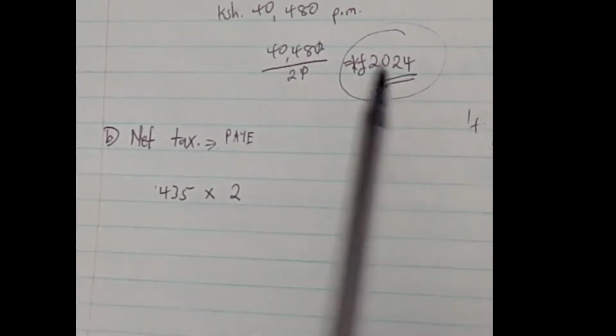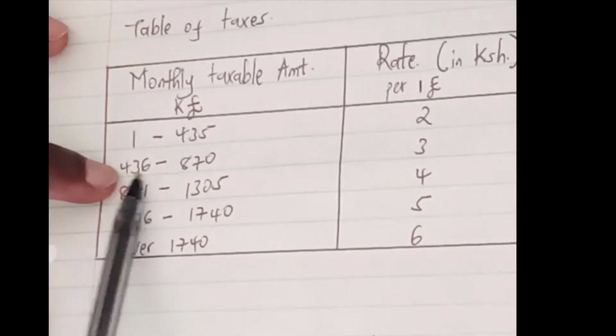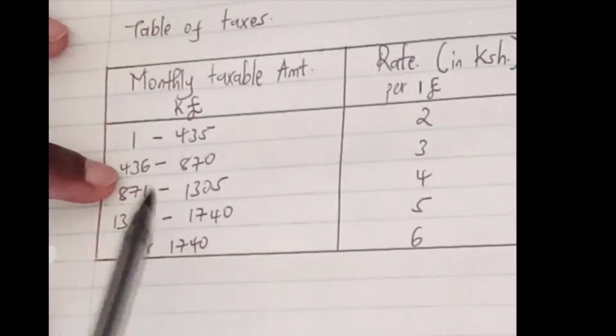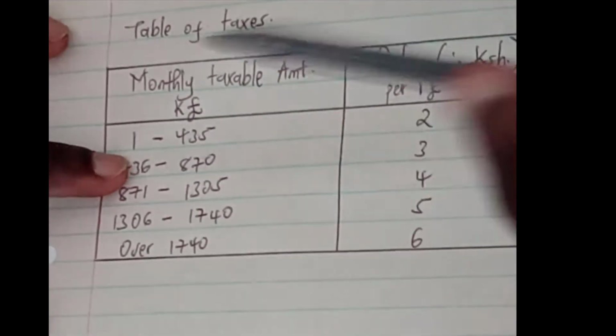Then we'll also notice that this taxable income still lies beyond this range, that is 436 to 870. So let us get the difference. What is the range here? That is 870 minus 435.